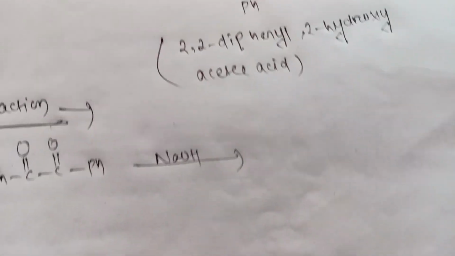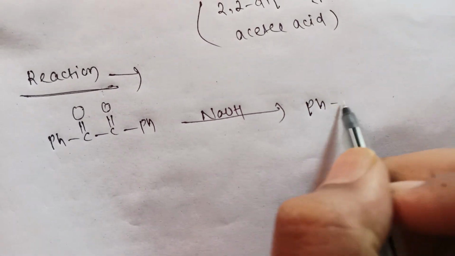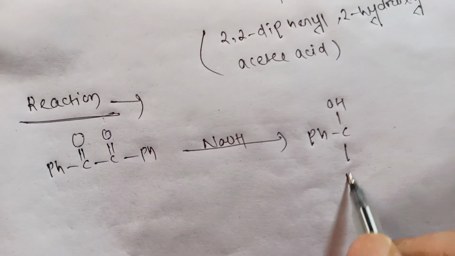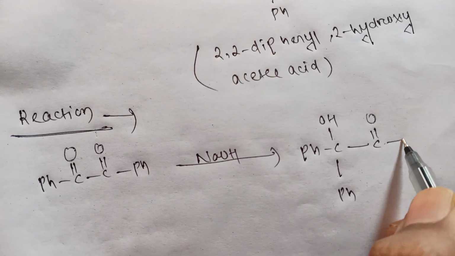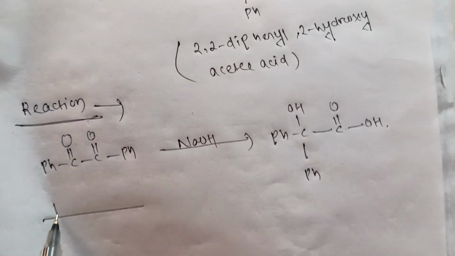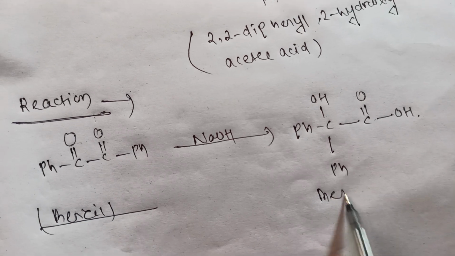I have taken NaOH as the basic media. The formed product is like this: C OH, phenyl, C double bond O OH. This is benzilic acid.